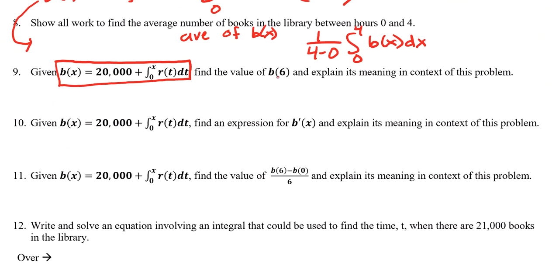Now we want to find the value of b of 6 and explain its meaning. So when we put 6 in, and again, you're going to use your calculator to evaluate this. We put 6 in for x, and then this would be our integral of our y1 function in our calculator.